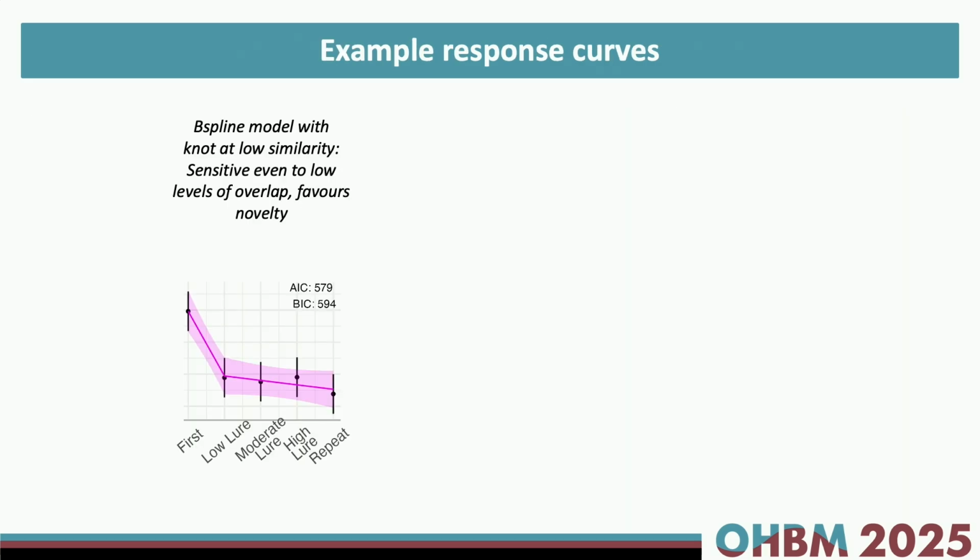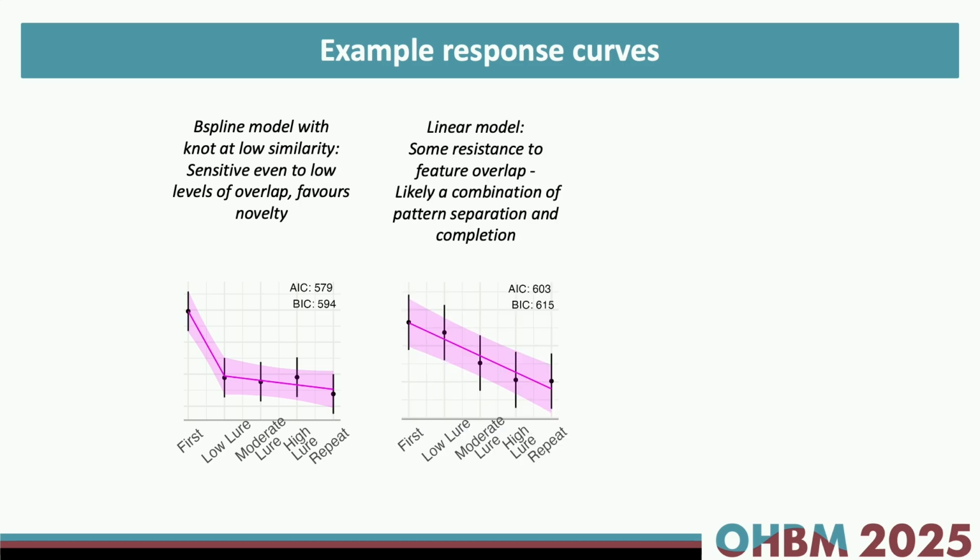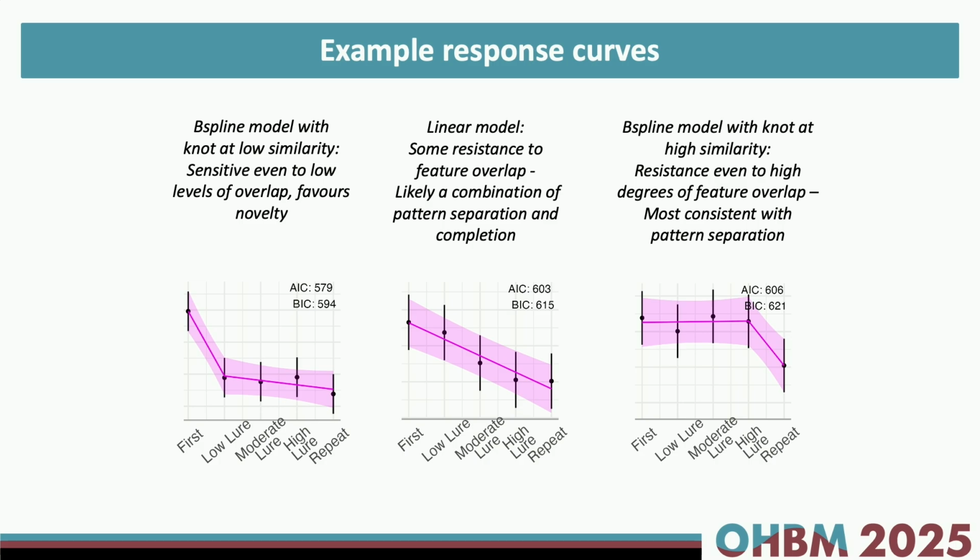So these are the example response curves that I tried to fit to the data. The one that you previously saw, more indicative of a region that really favors novelty. A linear response, so modulation over varying degrees of similarity. And finally, a response that is most akin to what we would expect if a region can do pattern separation.